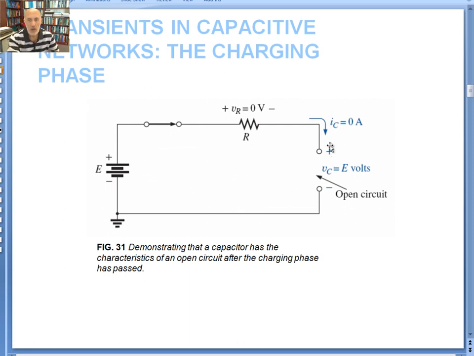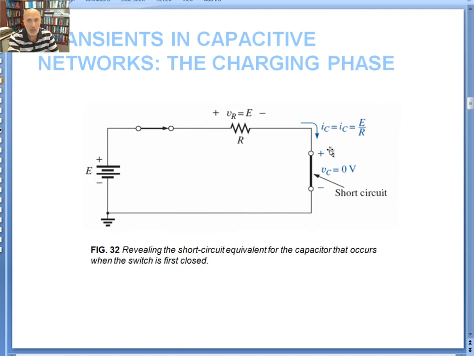Therefore, when it's completely charged up, you have no more displacement current due to the electric field. So when you do the analysis, you assume that when the cap is completely charged up, it acts like an open circuit. When it's completely discharged, it acts like a short circuit.